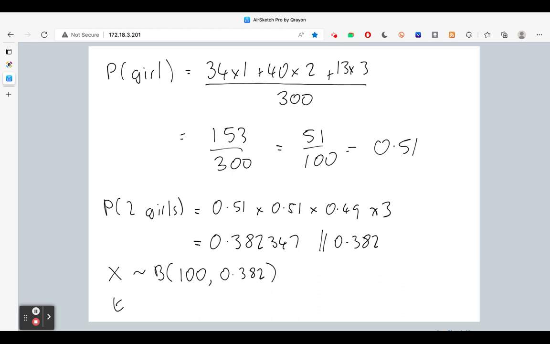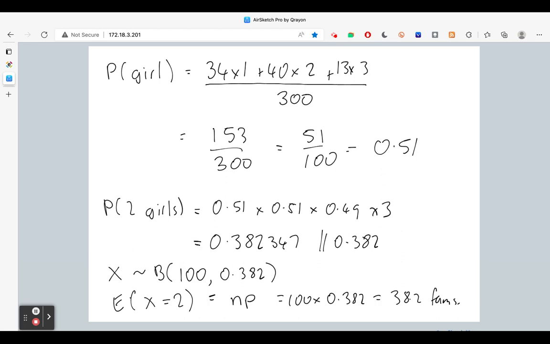And then we're going to work out an expected value that X is equal to 2. Okay, so 2 girl families. We're going to use the formula NP for that, which is equal to 100 multiplied by 0.382, and that's equal to 38.2 families. And that's the answer at the back of the textbook.